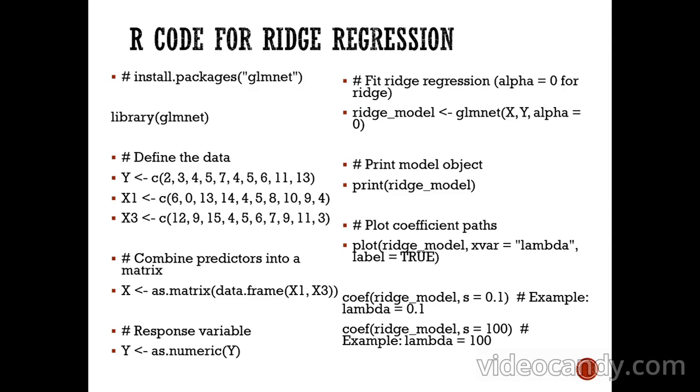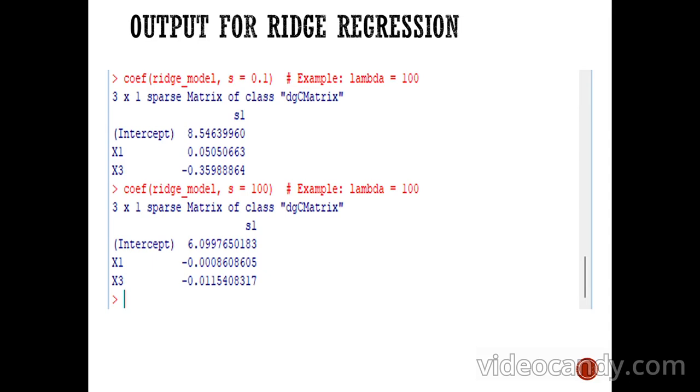So in a case where our lambda is equal to 0.1, a very, very small lambda, we have this, and then when our lambda is high, which is s, we specify s to be 100. So we see what our coefficients will look like in the next slide. Now, when our s equals 0.1, that represents lambda. So we can see that it's close to the OLS. 0.1 is very small.